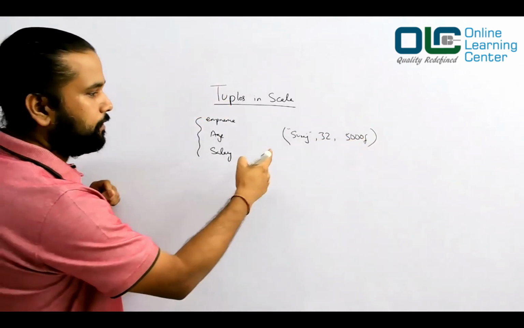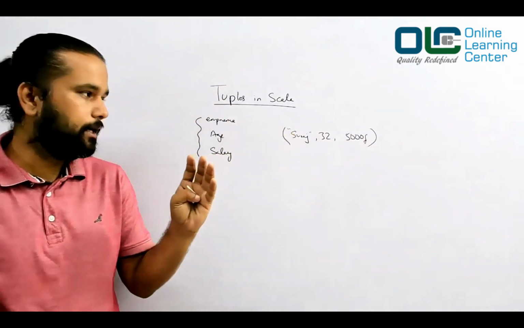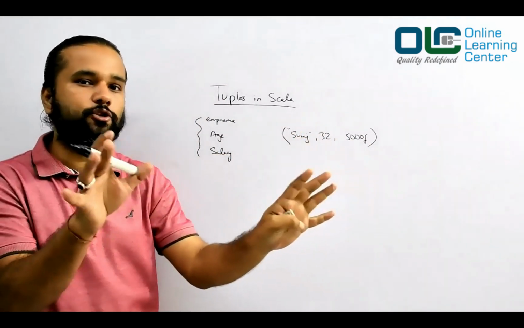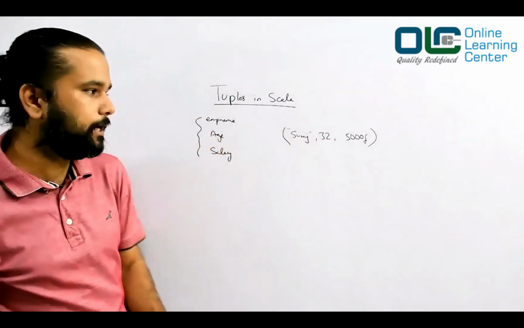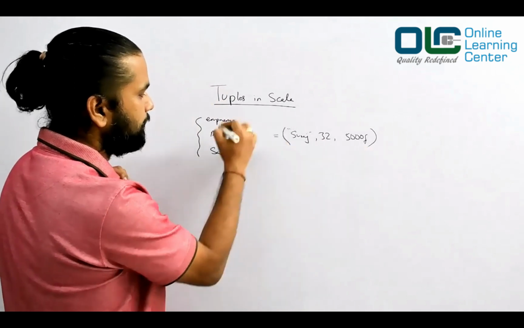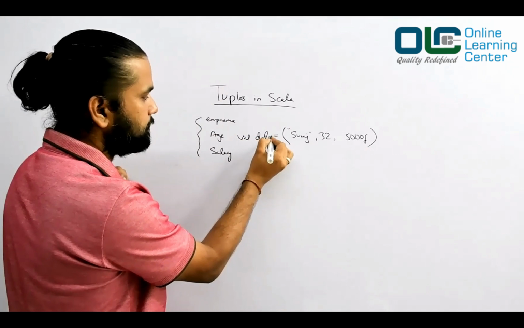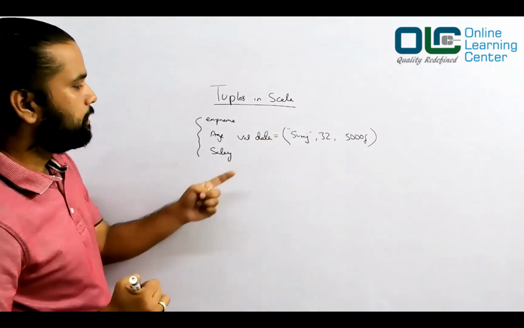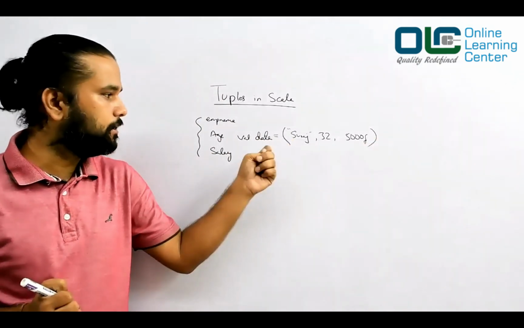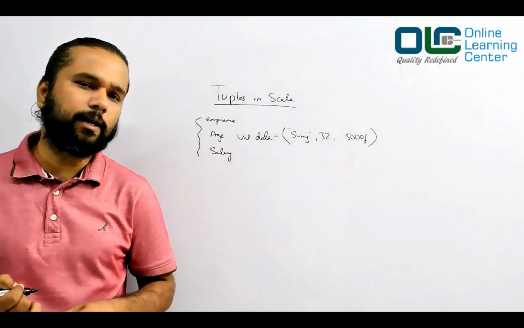This will basically create a small collection of 3 elements, and they are not collections like list or map. Tuple is different. It will be able to store these 3 pieces of information, and then you can easily assign it to a variable. You can say val data like this. So you are able to hold 3 different values in the same variable, and that's what you do using a tuple.